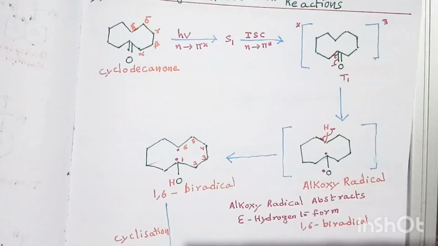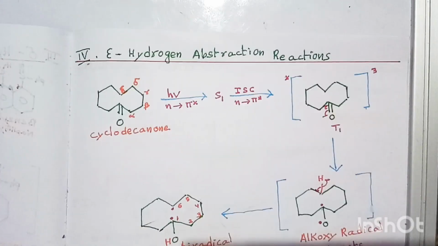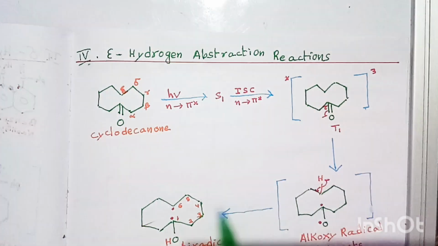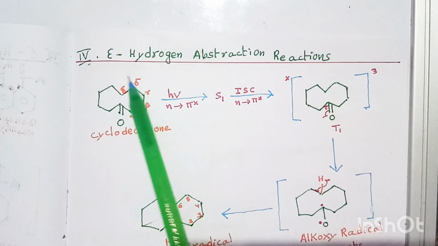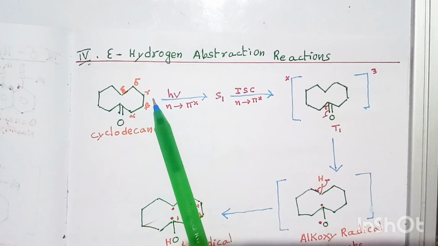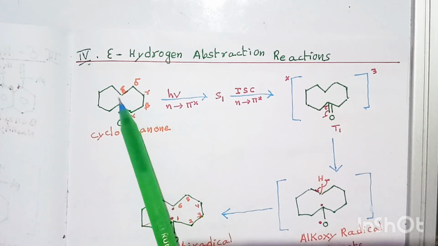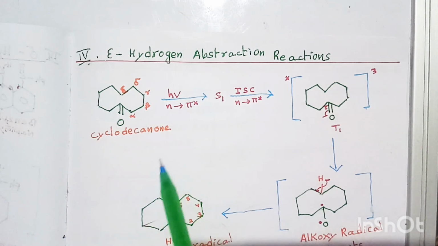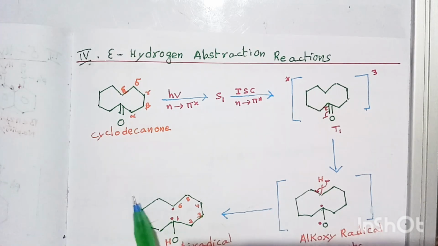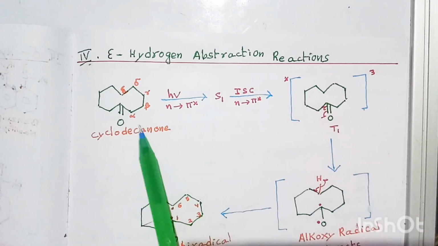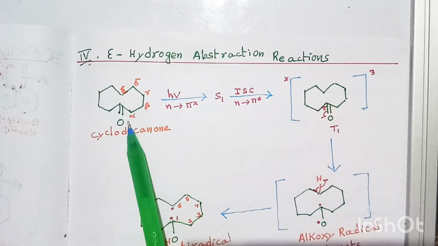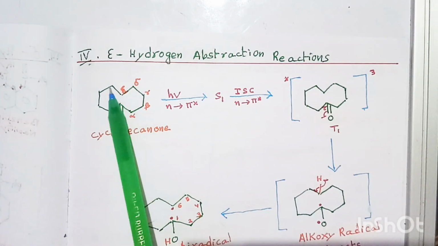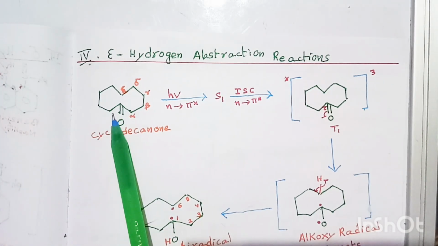Now let's see epsilon hydrogen abstraction reactions of carbonyl compounds. This is also an aromatic carbonyl compound or aromatic ketone. This is cyclodecanone, decanone because 10 carbon atoms are present in this ring: 1, 2, 3, 4, 5, 6, 7, 8, 9, 10.